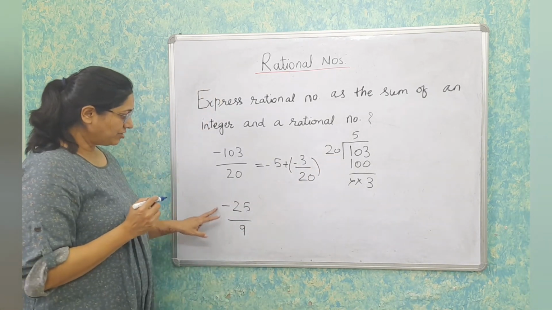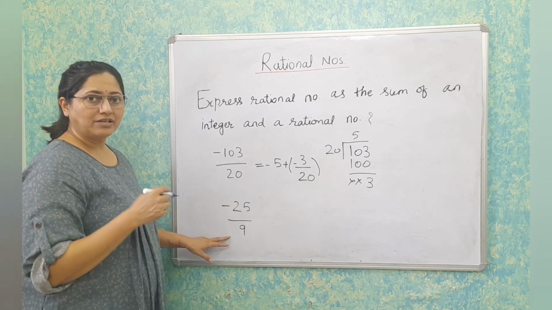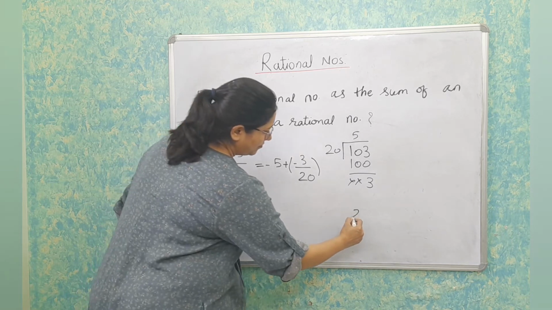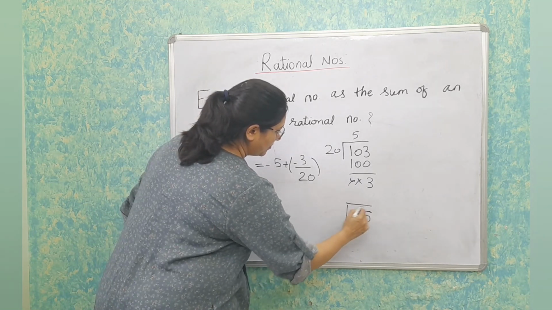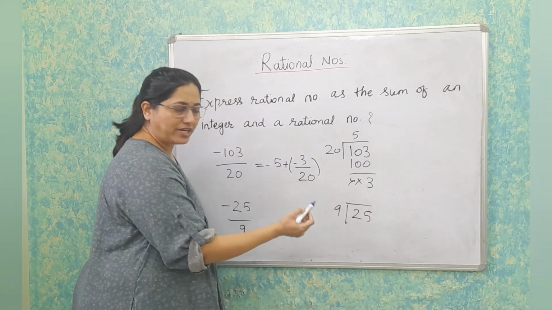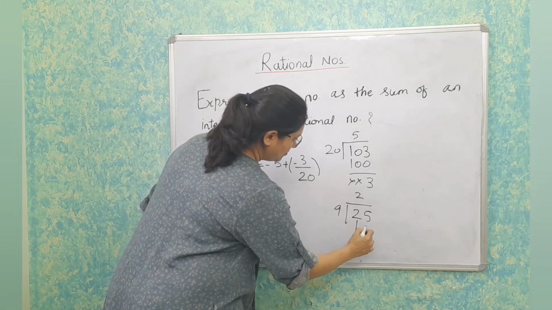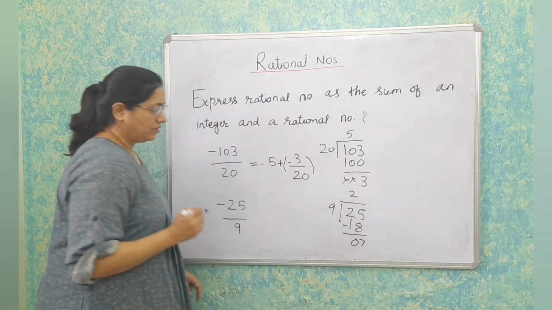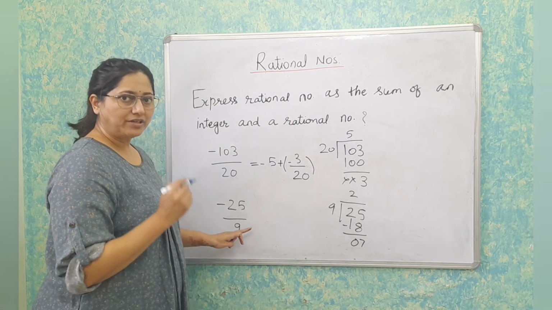In our second question, minus 25 upon 9. Again we have to divide 25 by 9. 9 2s are 18. The remainder is 7. So again our quotient will be the integer part.